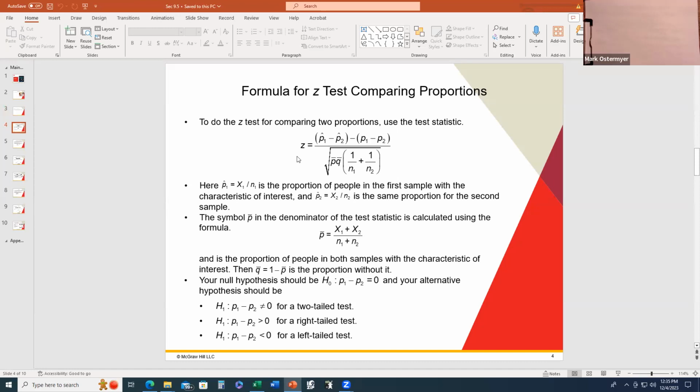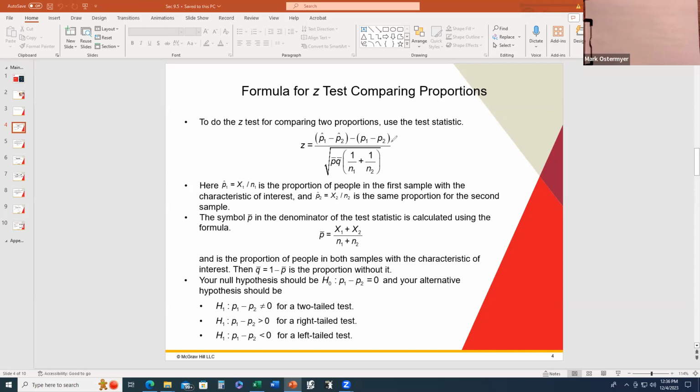So it is a z-variate. And notice the test statistic requires that we have the sample proportions from the two samples chosen from the two respective populations, minus the purported difference between the population proportions under the null statement.